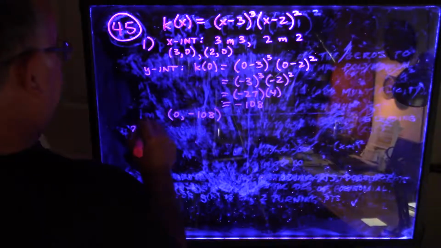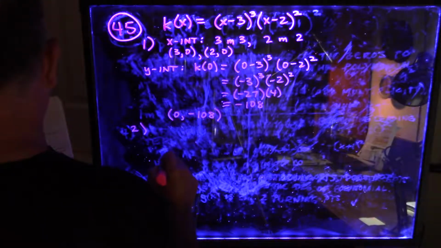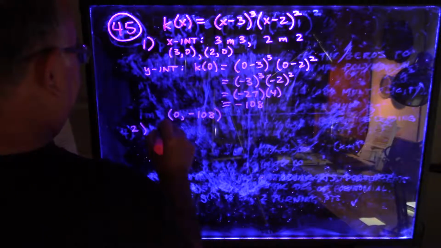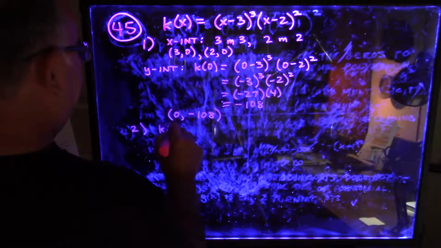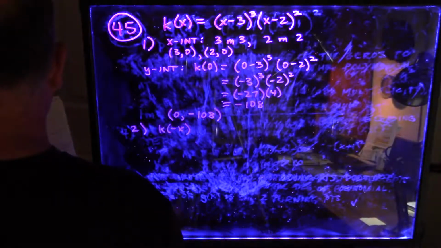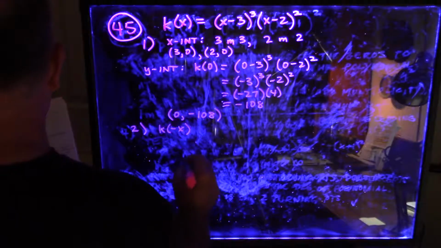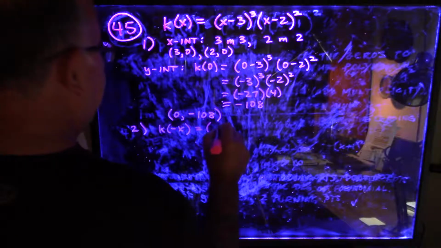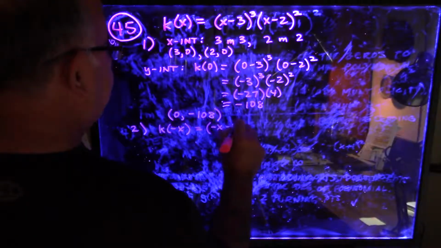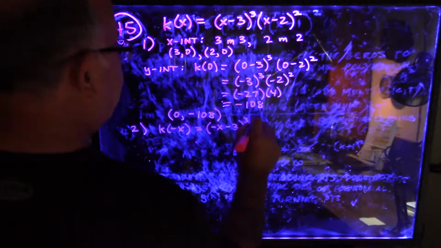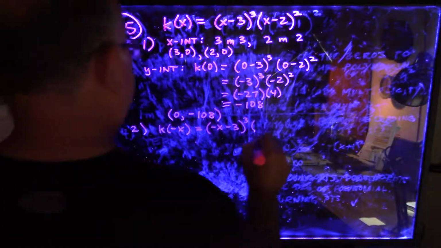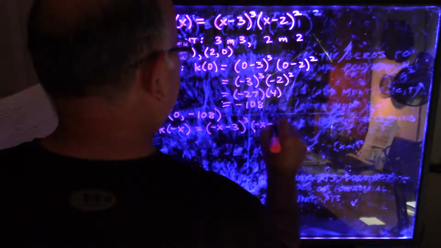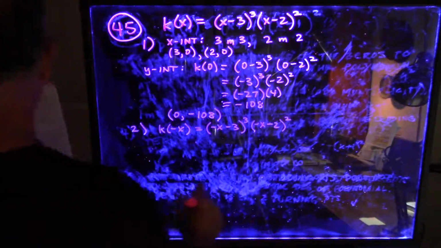Step 2, check for symmetry. Alright, so whether it's an even or odd function. So take k of negative x. See if it equals k of x or negative k of x. Alright, so k of negative x is equal to negative x minus 3 cubed times negative x minus 2 squared.